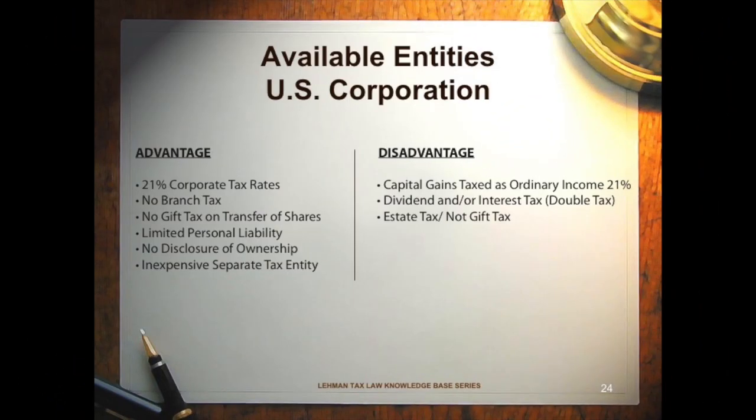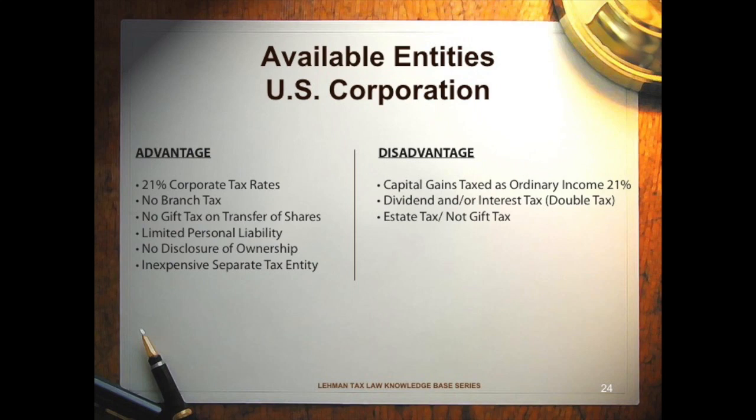The next entity is to go into a United States corporation. Now, here's where we start to get a bit more advantages, but it's still not the be-all and the end-all. If you're in a United States corporation, that corporation is going to pay a 21% tax. There will be no branch tax because it's a U.S. company, not a foreign company.